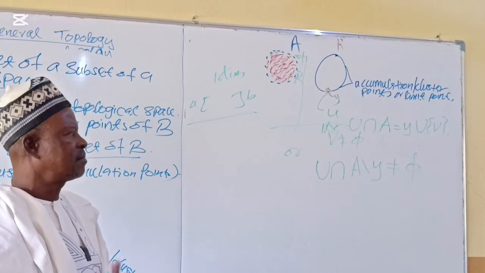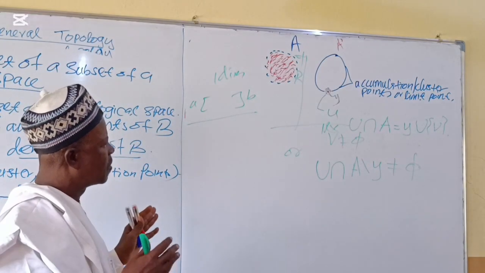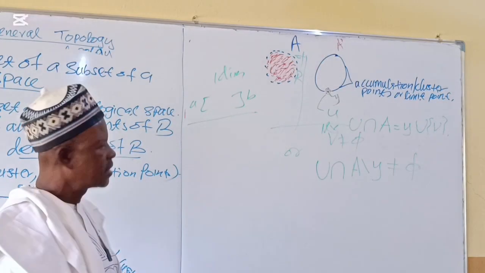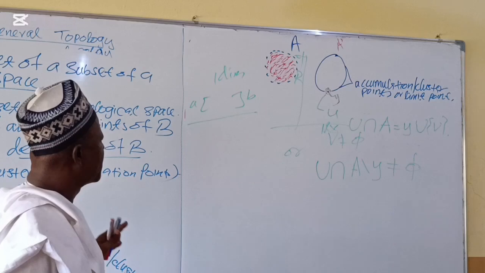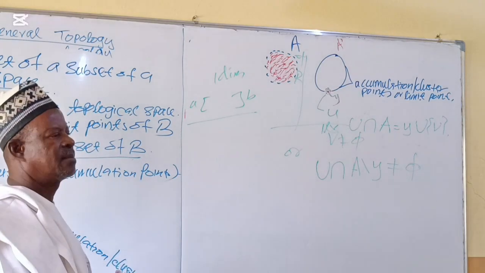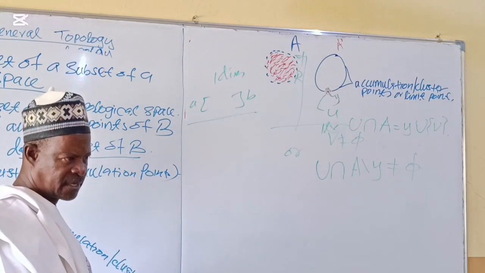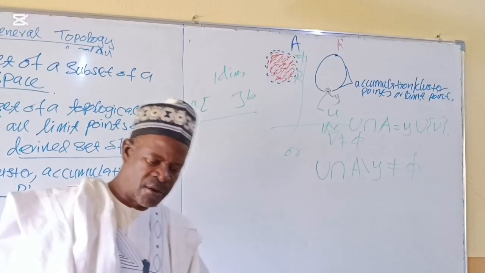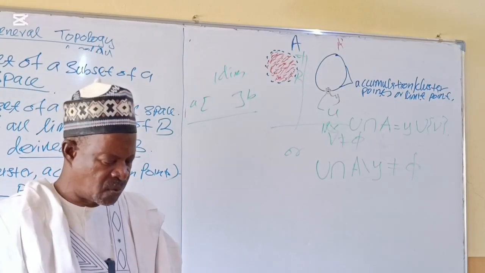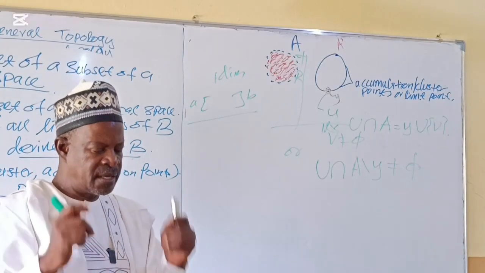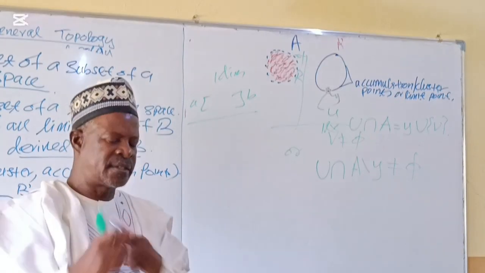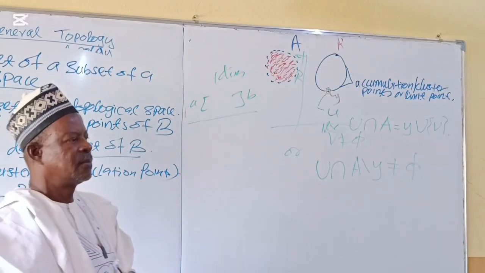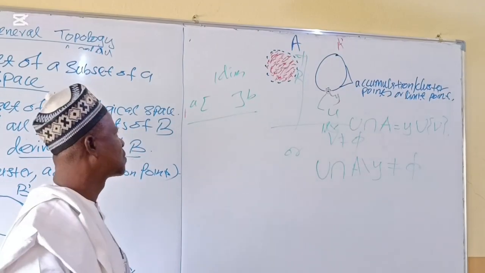Now these notations have equipped us to define closed sets more clearly. So a subset A of a topological space is called a closed set if and only if it contains all its limit points. If it doesn't contain some, it is not closed.